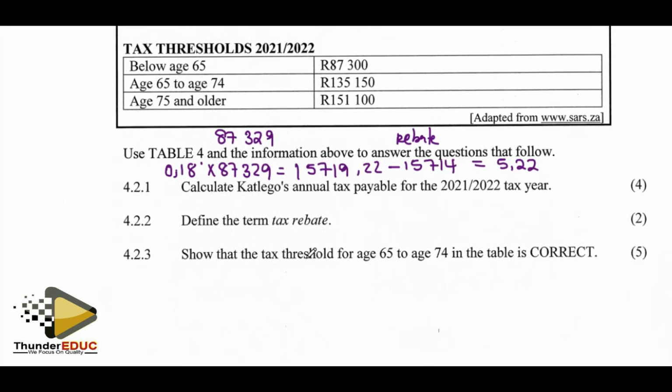Together, define the term tax rebate. It's a tax relief given to taxpayers according to their age.